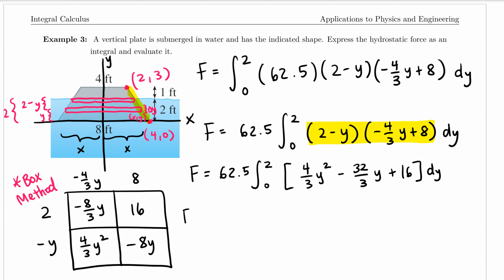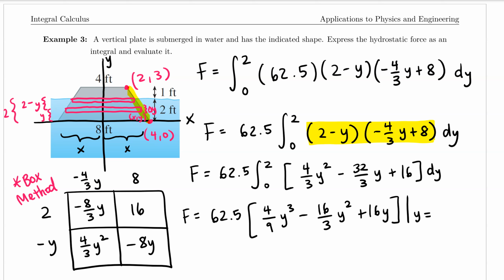We have the force is equal to 62.5, and then I'm going to use the power rule. So I have 4 over 9 y cubed minus 32 divided by 2 is 16, so it's going to be 16/3 y squared plus 16y.